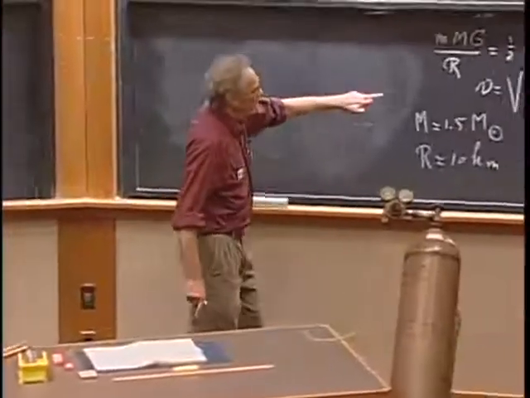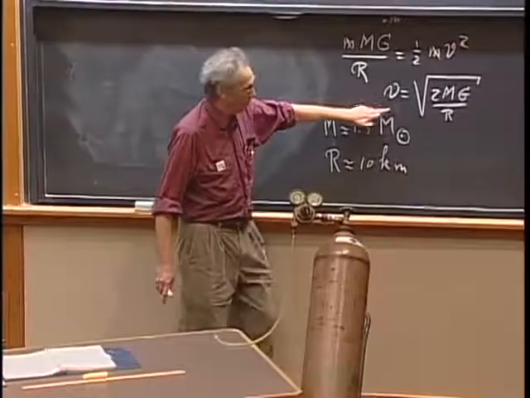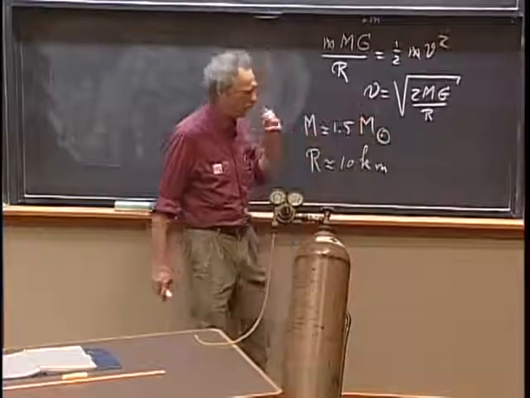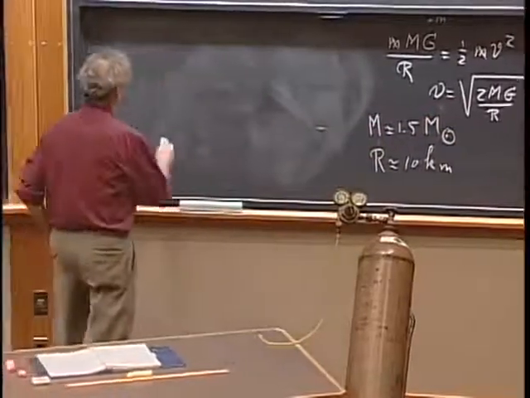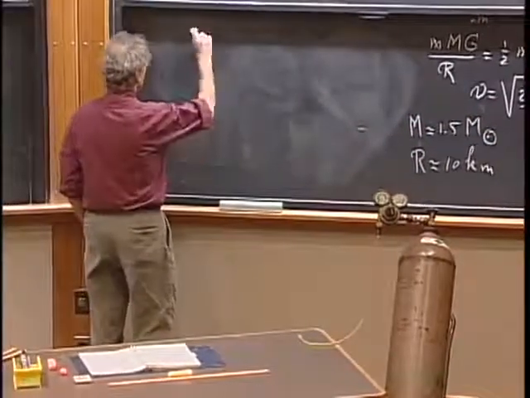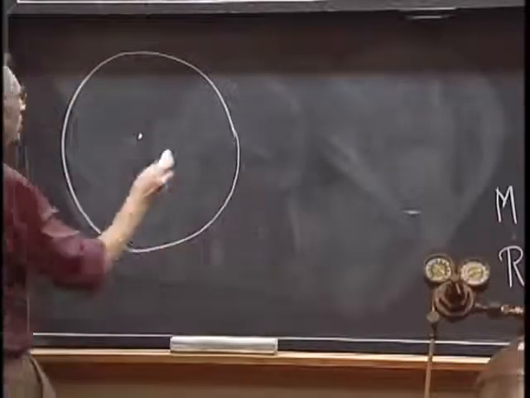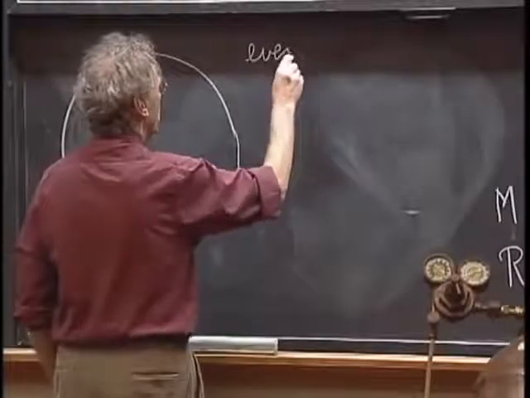We know what the escape velocity is, because, remember, that's why I paid attention to it and mentioned this is also the escape velocity. So here is a black hole. There is a radius around that black hole, which has a wonderful name. It's called the event horizon.